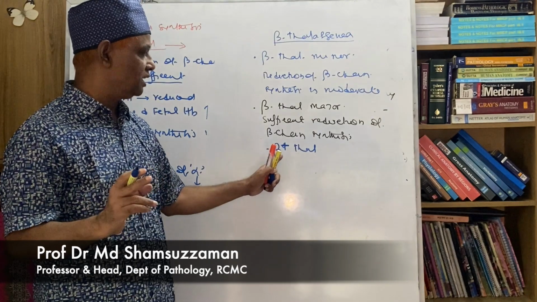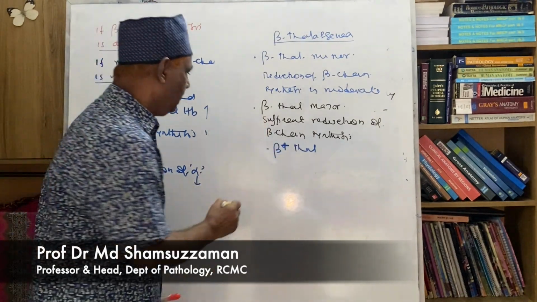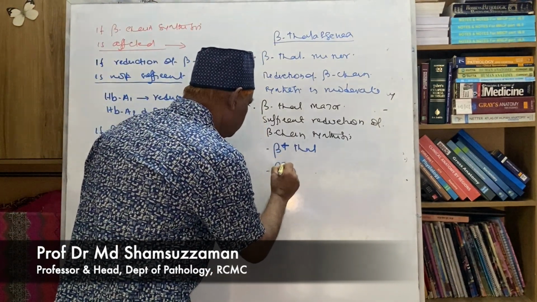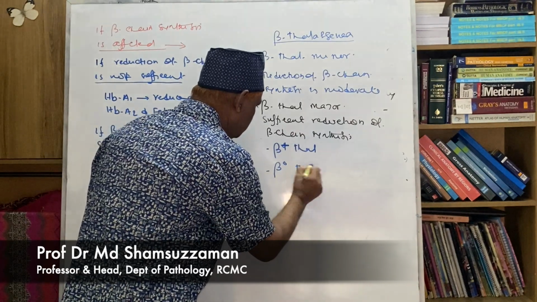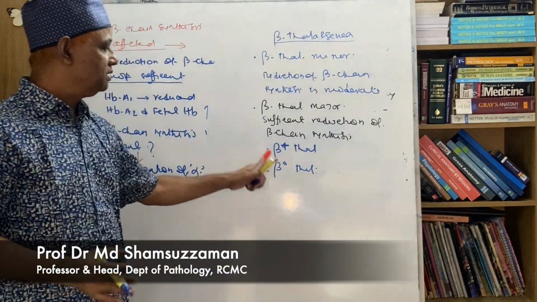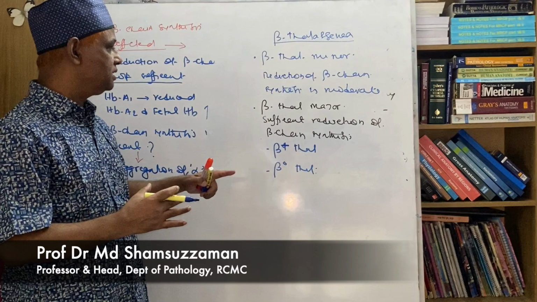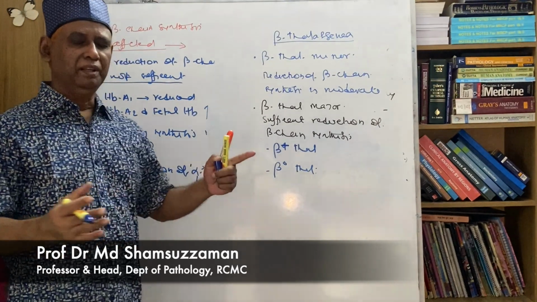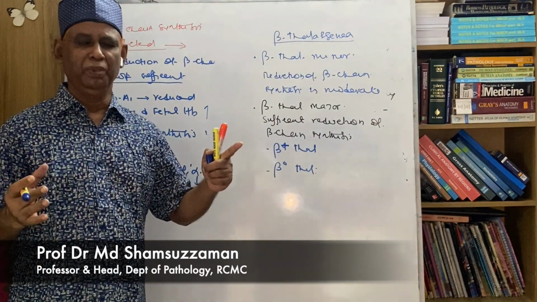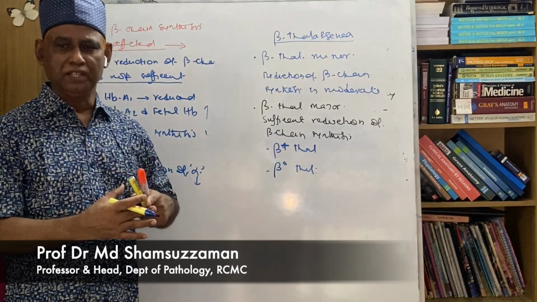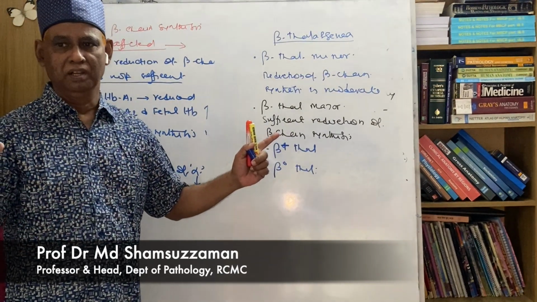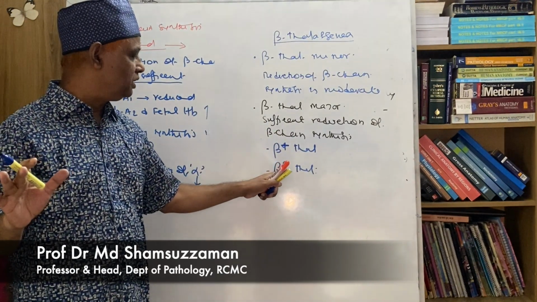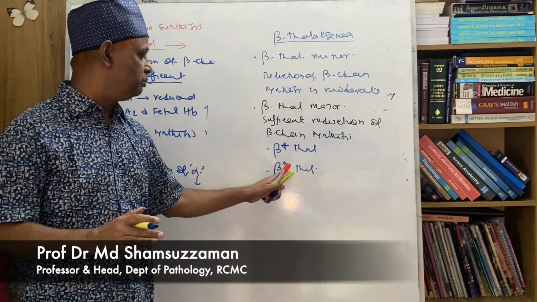It is called beta plus thalassemia, and another is beta zero thalassemia. What does it mean? Here the reduction of beta chain synthesis is sufficient, and sufficient means almost zero synthesis or no synthesis at all. If there is no synthesis or almost nil synthesis of beta chain, it is called beta zero.